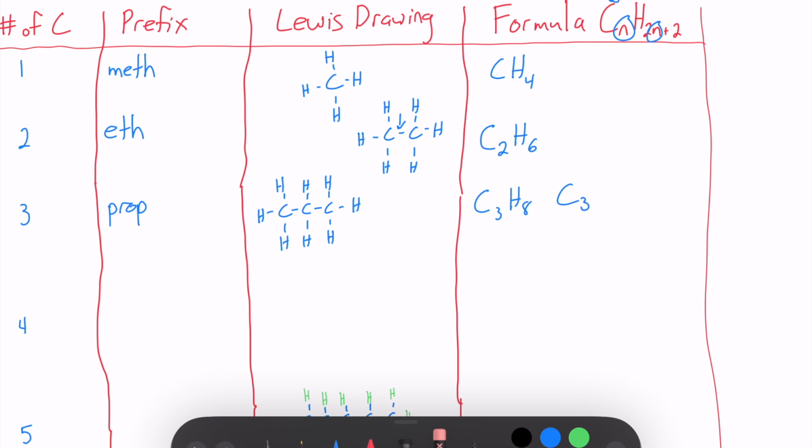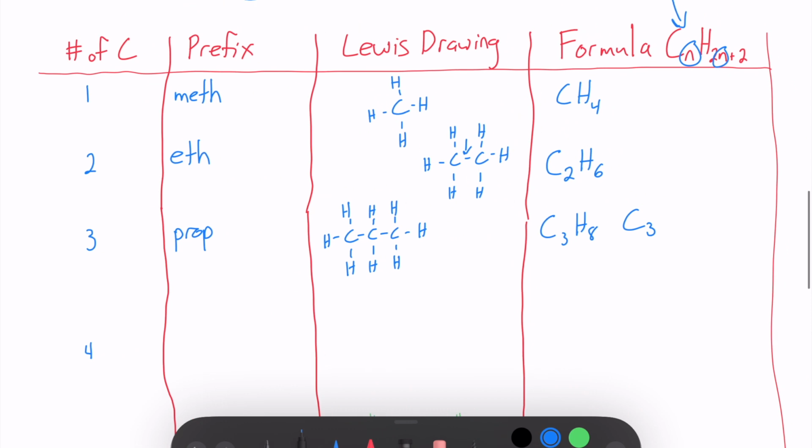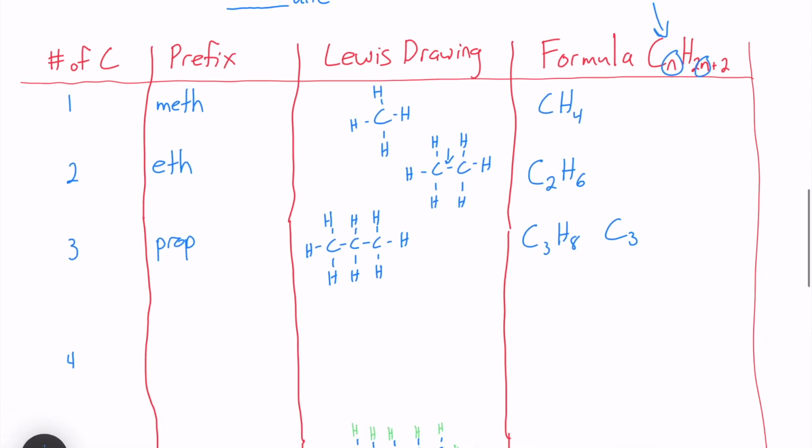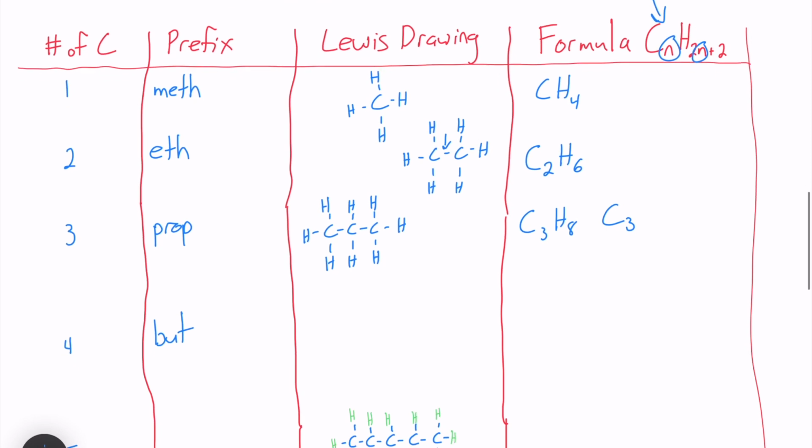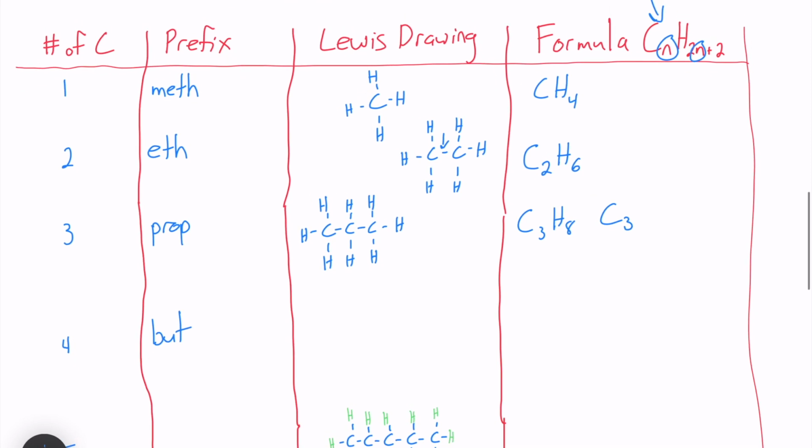So next one we have is 4 carbon in the middle, and the prefix for 4 carbon is but. And the Lewis structure is as follows. Again, you can probably guess, but we're going to have 4 carbon in the middle, and hydrogen are going to be filling in these spaces on the outsides. Each carbon is making 4 single bonds.